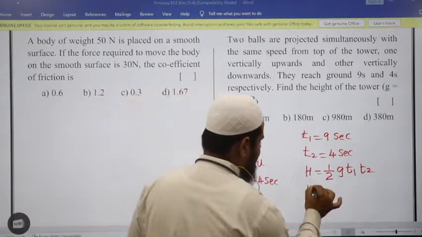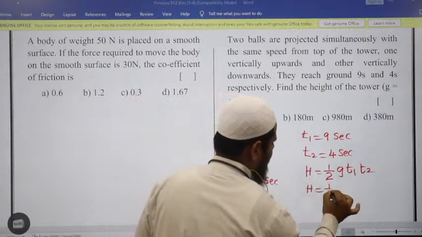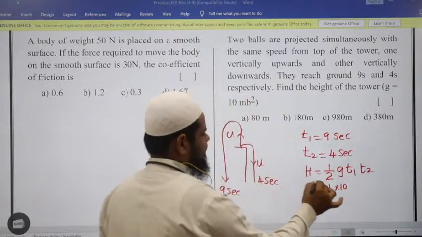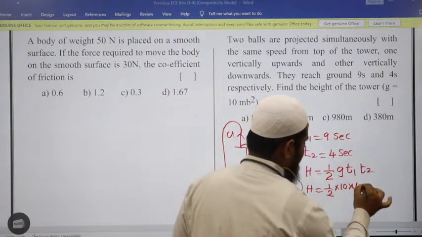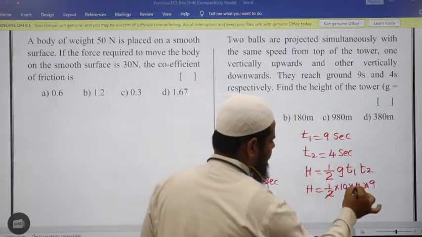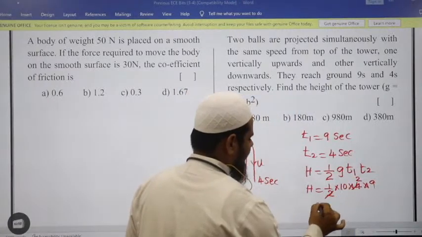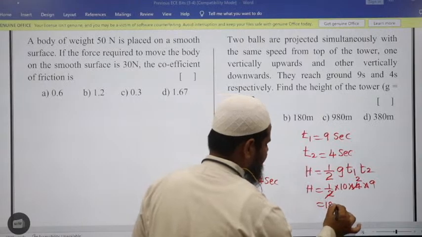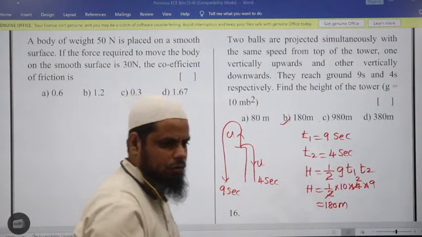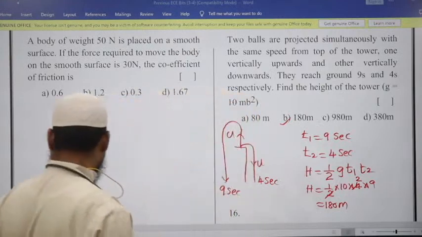In that case, g value 10 is given, and t1, t2 are 9 and 4. 2 ones are 2, 2 nines are 18. It becomes 180. So 180 is the answer. Hope you understood.